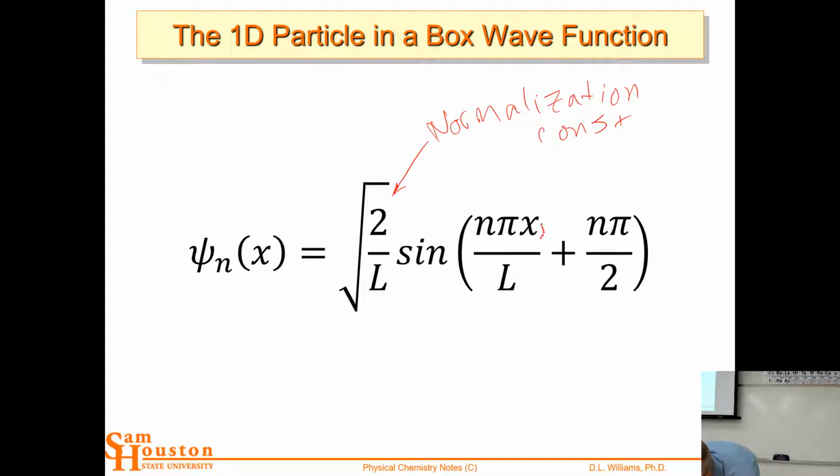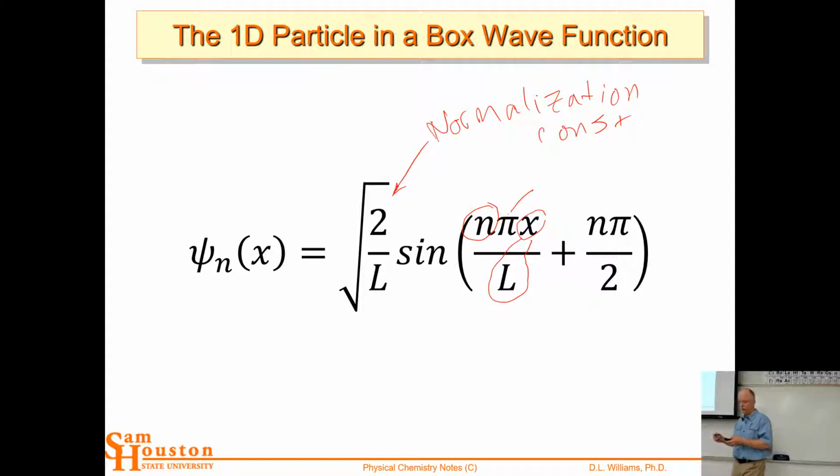What it essentially does is it converts x and divides it by L. So the length of the box goes from x equals 0 to L. And then it's converting it to radians by using this pi. And then n is a frequency factor or quantum number. If I raise n by integers, I just create more and more lobes and nodes inside this box.